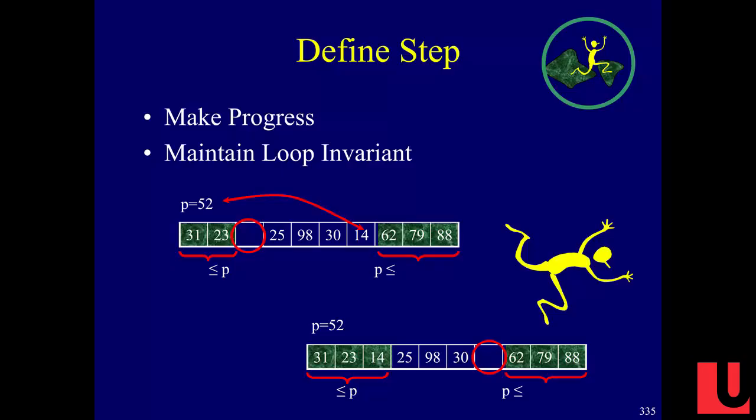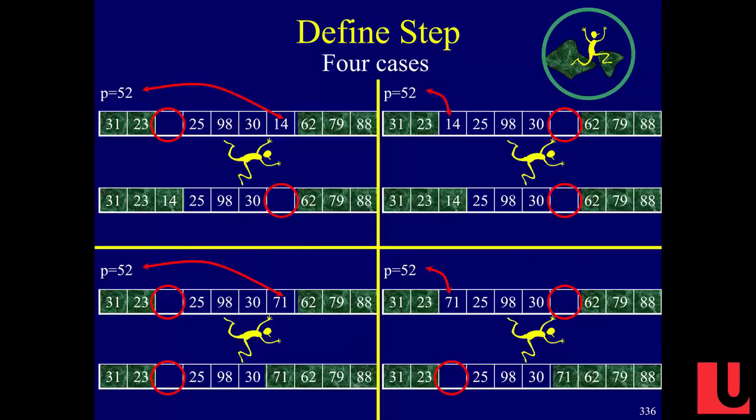See how in one comparison, one movement, we've maintained the loop invariant? Everybody good? So there are a bunch of cases. If the hole's over here, you look at that one, and if it's smaller, you put it in the hole, and if it's bigger, you leave it where it is. And if the hole's over here, you compare with this one, and if it's smaller, you leave it where it is, and if it's bigger, you put it in the hole. It's pretty nice, eh? Everybody follow this algorithm?